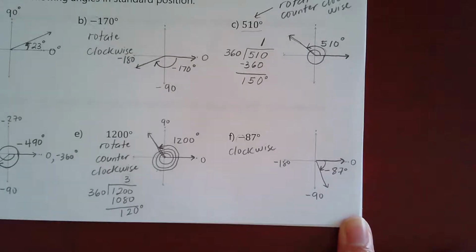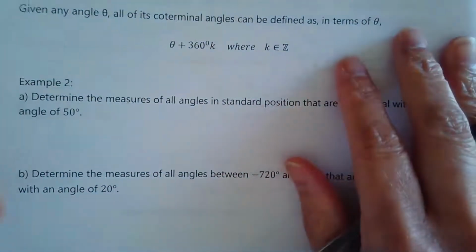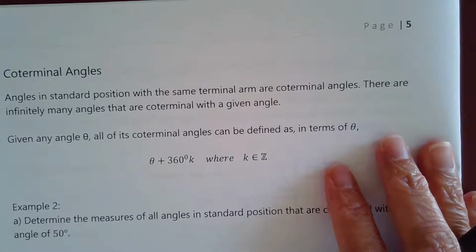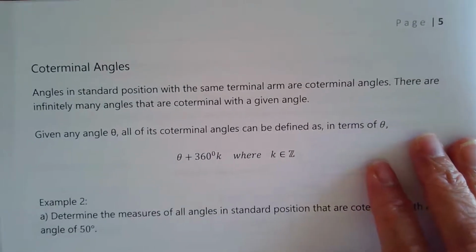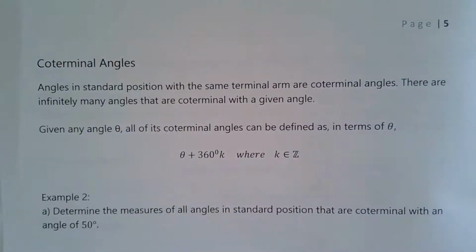Okay, so that's example number 1, just drawing it out, and I kind of talked about how this is connected to astronomy and some science. So what we're going to do is talk about coterminals. Coterminal. Well, what's a coterminal?